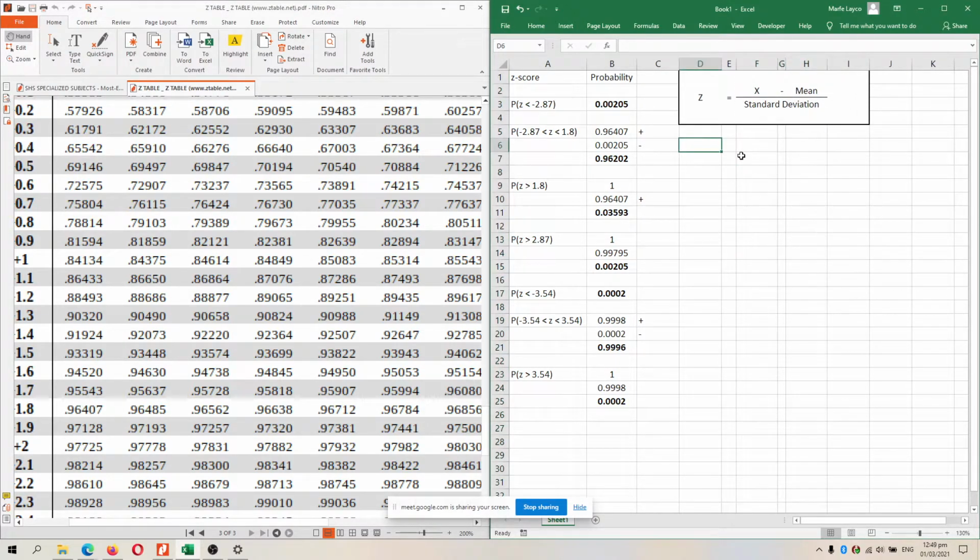So, for example, we have a given, find the z-score. So, try natin mag-find ng z-score natin.